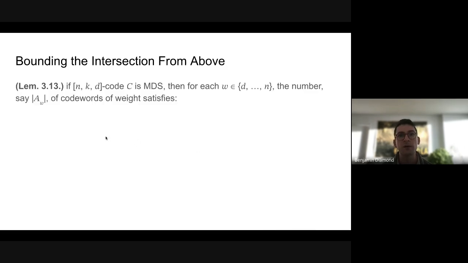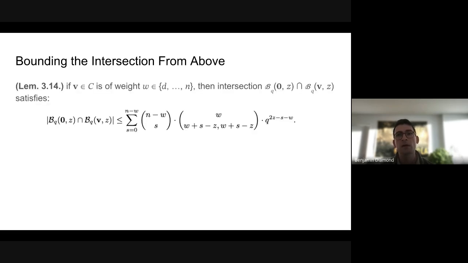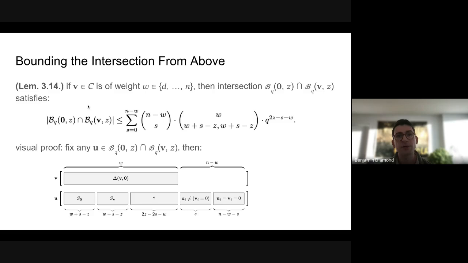The one place in the paper where we actually use MDS is where we bound from above how many code words of weight W there can be for each W bigger than or equal to D. To actually talk about the intersection, we need to do a bit of combinatorics.